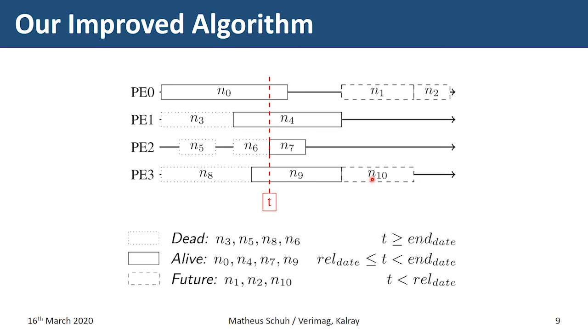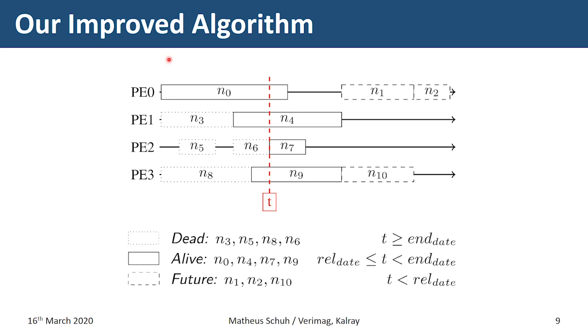Here we have a snapshot of the algorithm, and we can see the time cursor in red. At this moment, the group of alive tasks is N0, N4, N7, and N9. The tasks that we won't bother to take into account are the dead ones, N3, N5, N6, and N8, and the future ones, N1, N2, and N10.